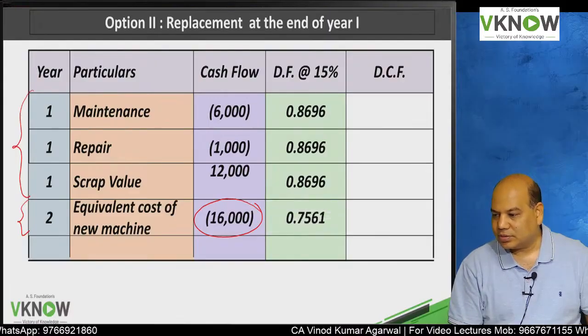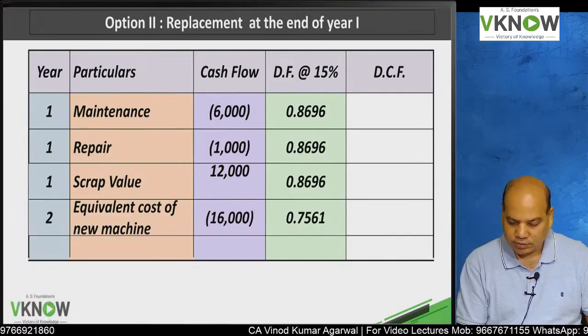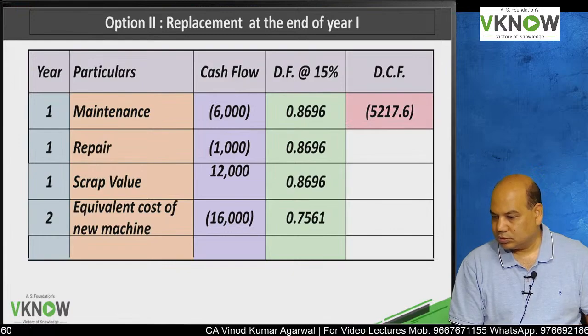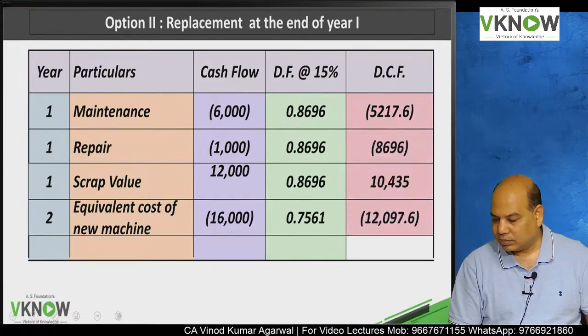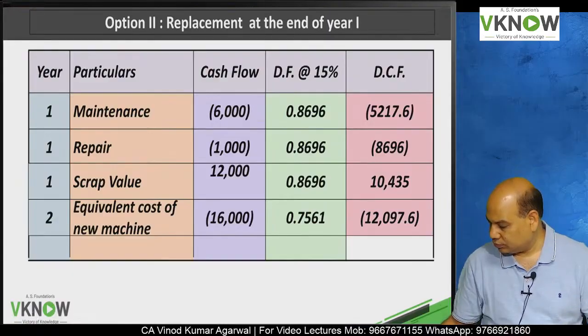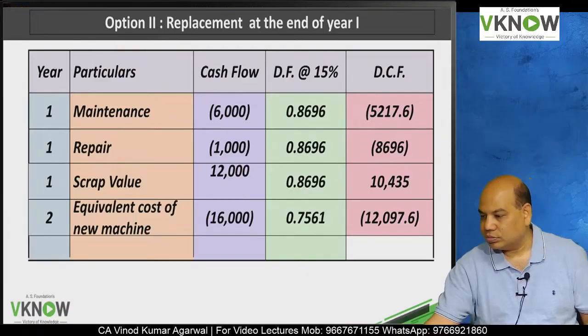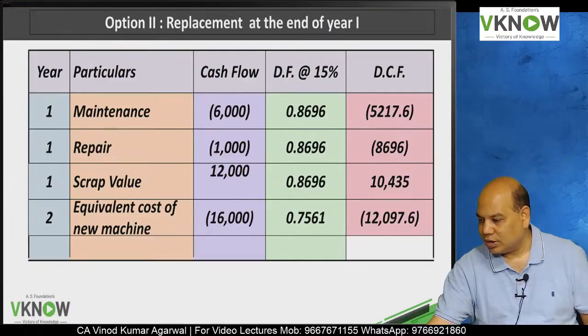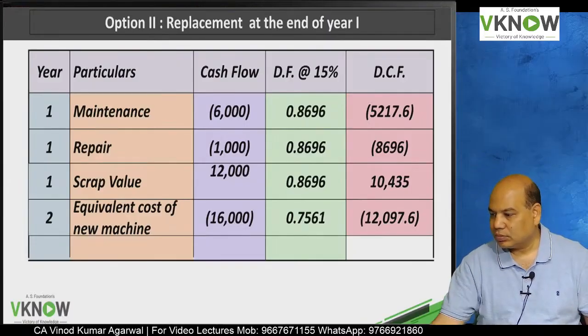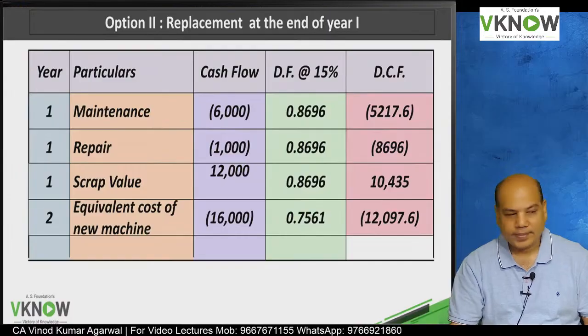0.8696, then 0.7561, multiply. Tell me the total. Anybody who can give me the total? I want it from you, so that I will understand that you are writing and not just copying.